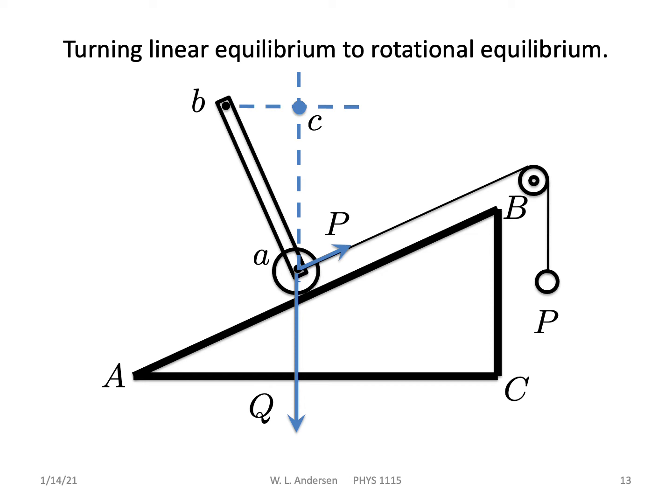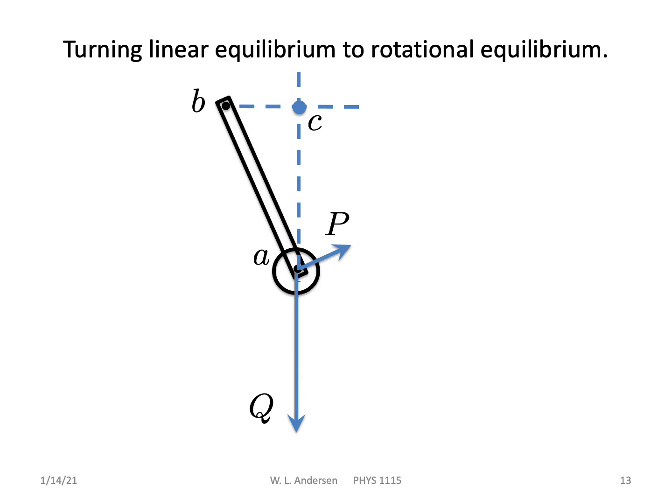So there is nothing preventing us from simply removing the incline. In this system, then, if the original incline system was in equilibrium, then this lever system must also be in equilibrium.